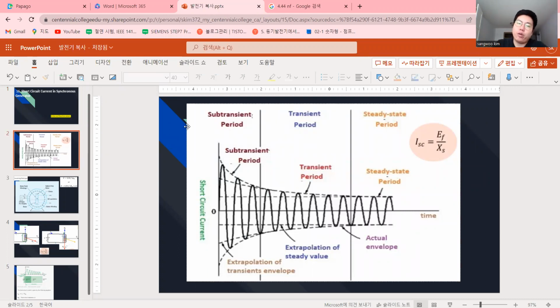So we divided it into the sub-transient period, transient period, and steady state period. But with this, we cannot explain with Ohm's law. You know what I mean?